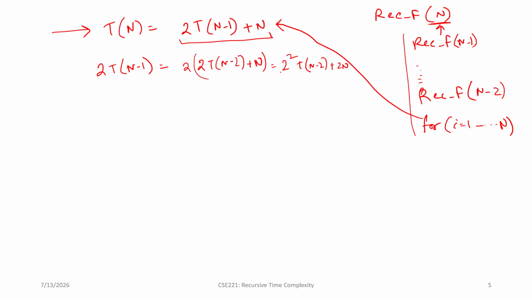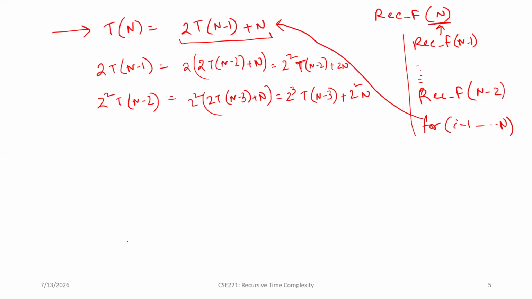And then there are 2 squared T(n-2). So a single one would be 2T(n-3) plus n, multiplied with 2 squared, giving us 2 cubed T(n-3) plus 2 squared.